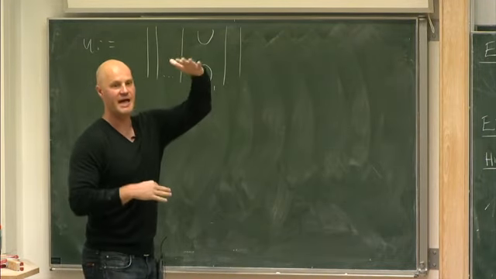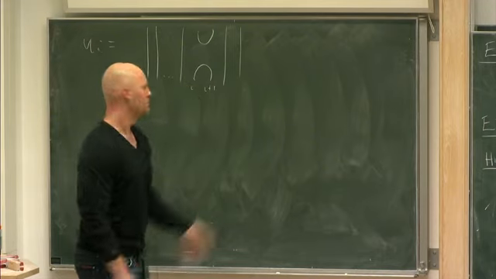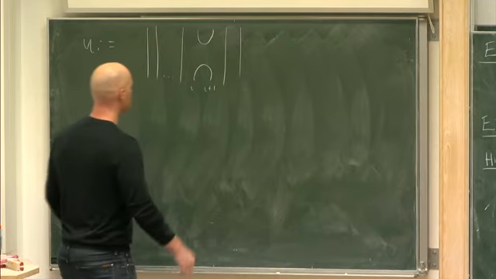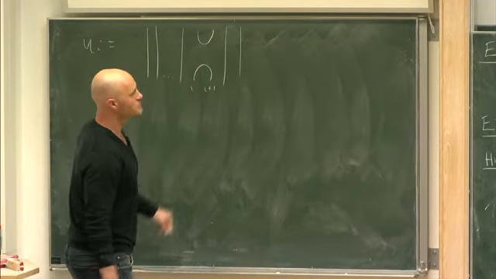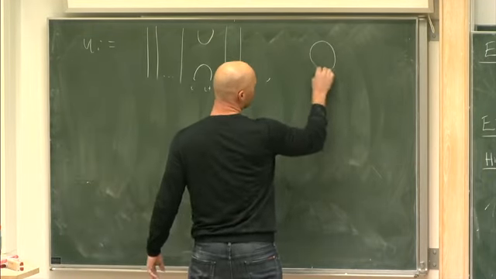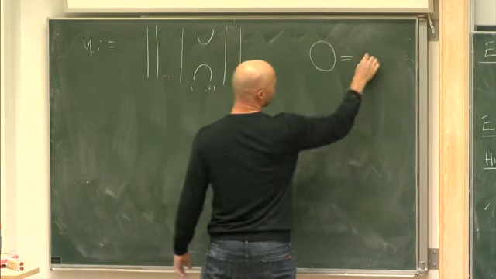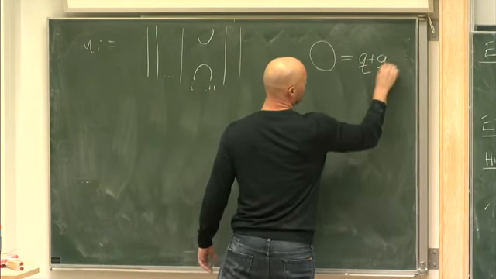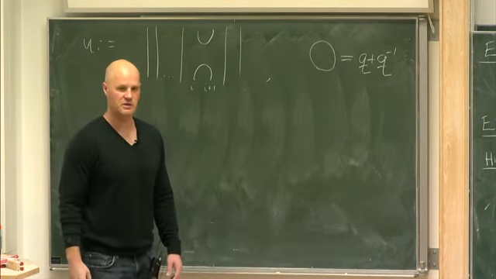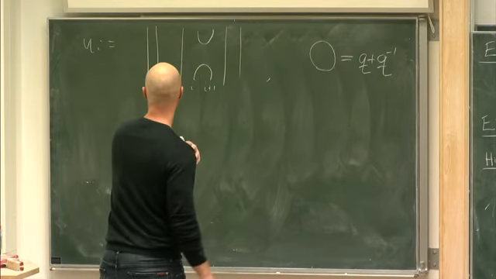Multiplication in the algebra is concatenation of diagrams, but up to isotopy. So these are the generators. Multiplication is concatenation of diagrams, which I'll draw in a second. But anytime you have a closed circle, you can erase it at the cost of replacing it by the value q plus q inverse. Closed circle has the value q plus q inverse, quantum 2.